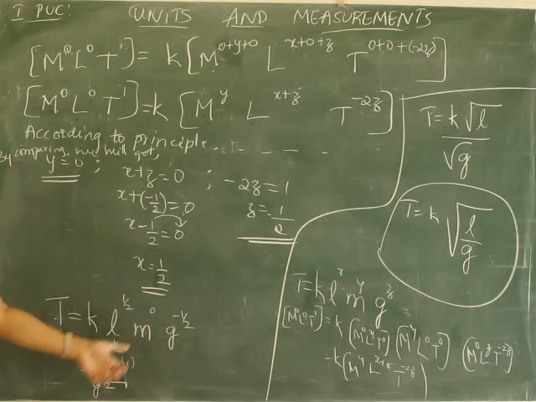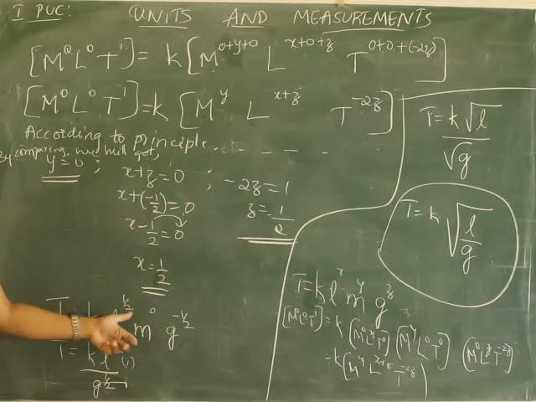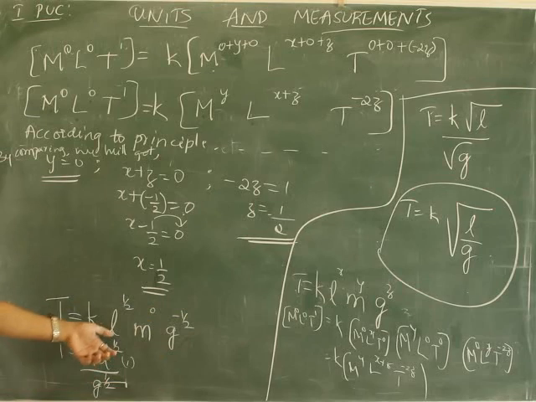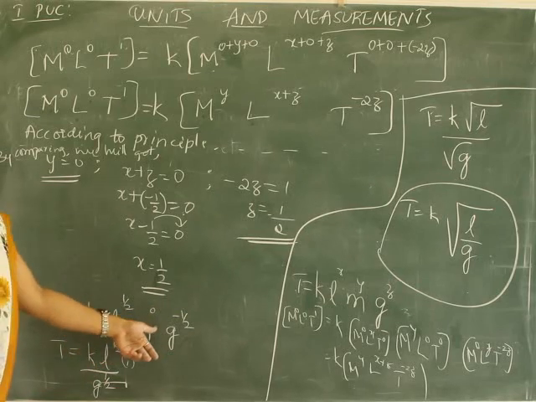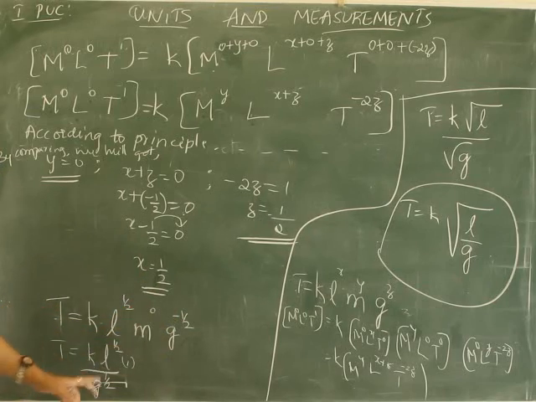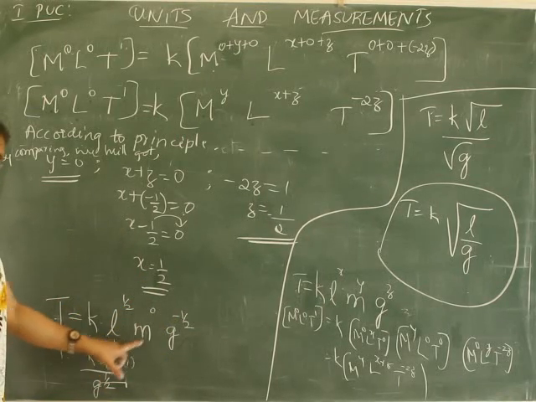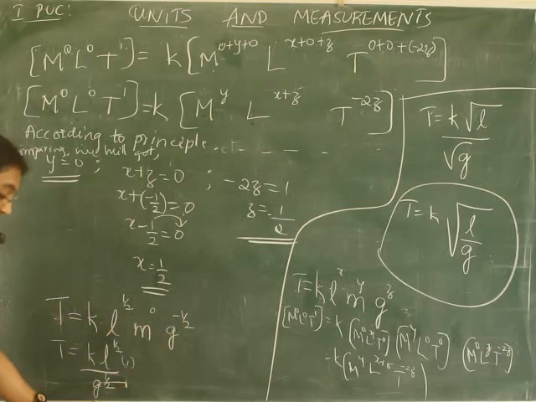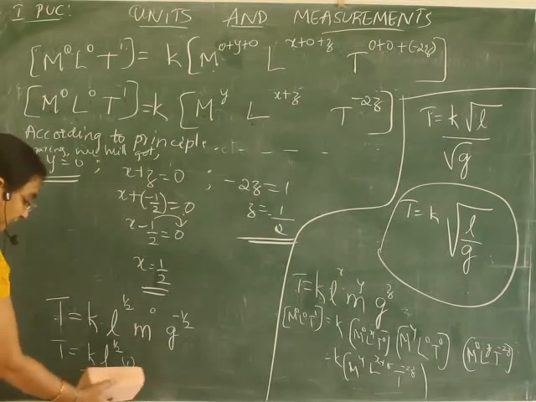Substituting for the powers, we get T is equal to k, L to the power half, M to the power 0, g to the power minus half. Since M to the power 0 means something to the power 0 is 1, I can write k, L to the power half, 1, and g to the power half I can take to the denominator and write as plus half.